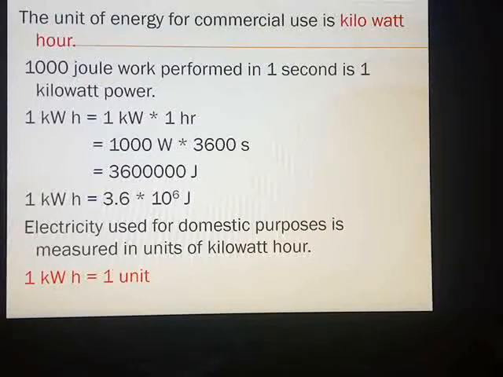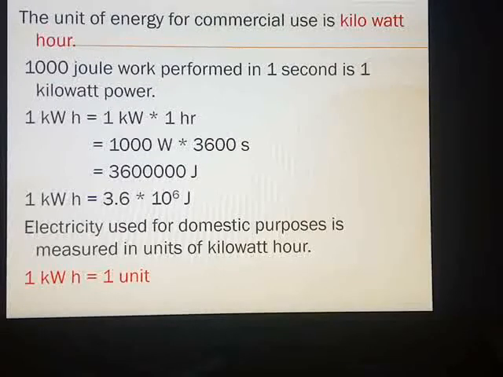Month of January, how many units are consumed. Month of February, how many units are consumed. And then the charge is declared by the electricity department as to what is the cost of 1 unit, and according to the units consumed, that much is multiplied by the cost of 1 unit, and then your electricity bill is prepared.